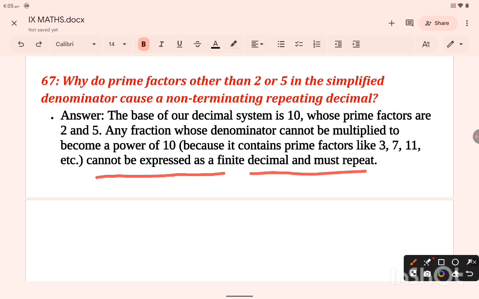Here we have any fraction in simplified form.